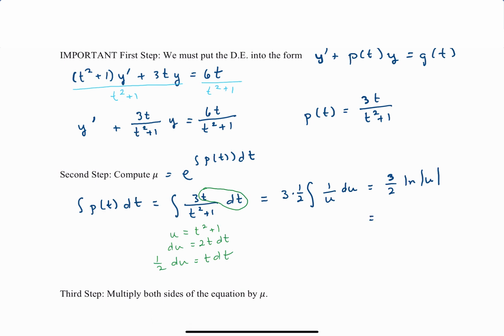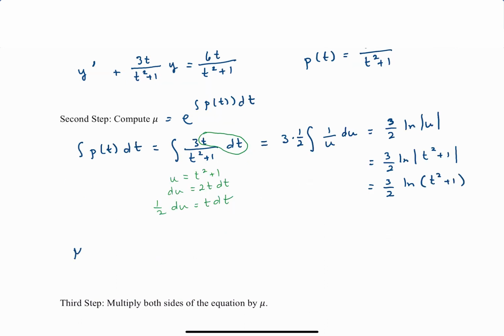Anyway, going on, we do need to put back in what u really is. U is really t squared plus 1. And then notice that t squared plus 1 has to be positive, so I don't actually need the absolute value bars here.